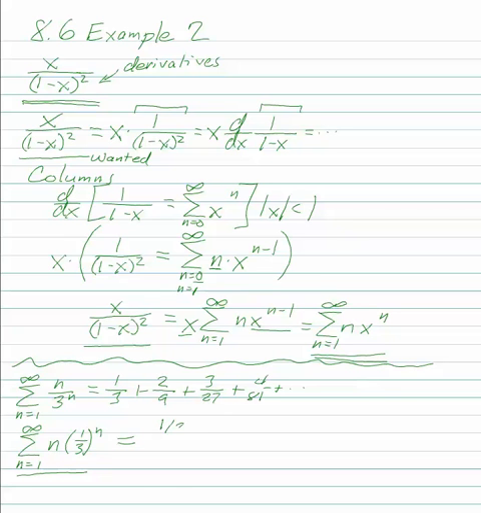That's 1/3 divided by (1 minus 1/3) squared. So that's 1/3 divided by (2/3) squared, and 2/3 squared is 4/9. So that's 1/3 times 9 over 4, which is 3/4.